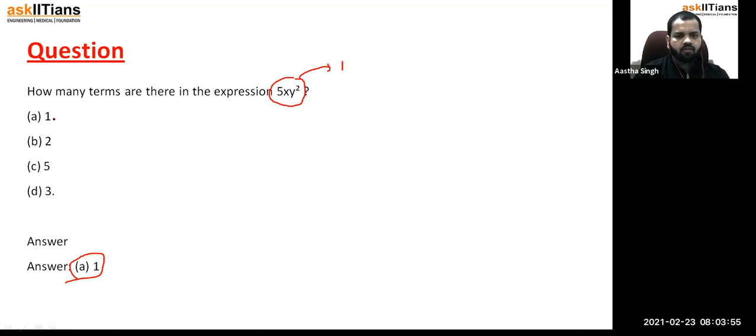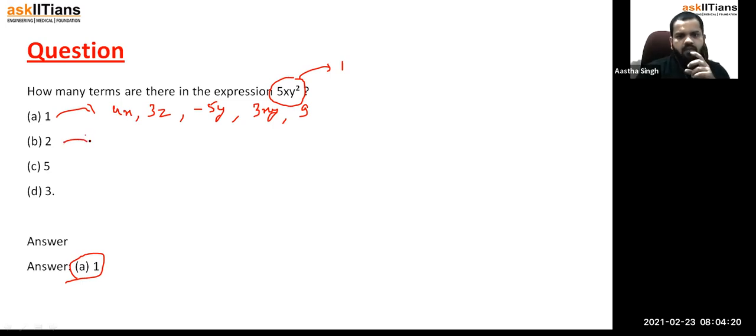If one term is there, we can do several examples, right? Your 4x, 3z, minus 5y, 3xy, 9. It is basically an expression of one term, a single term.